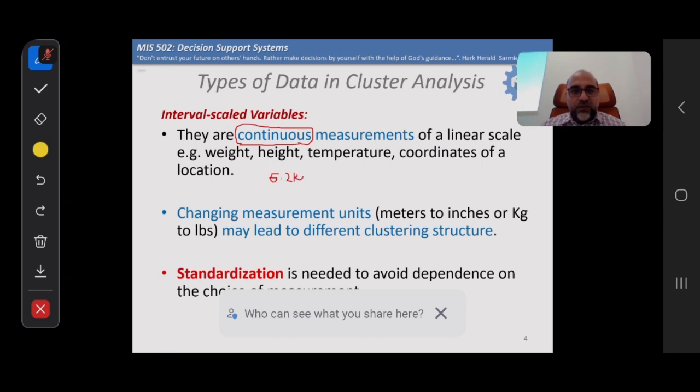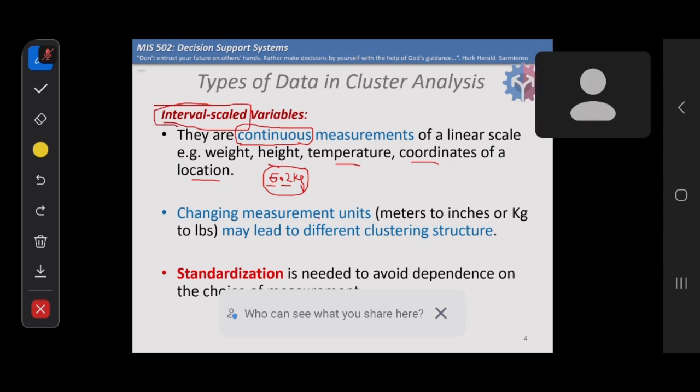So these are real numbers, which means that it can have an integer plus a fraction portion. So height, temperature, coordinates, location, all of these can be represented by what is called a continuous measure. These are all continuous measurements, and these are called interval scaled variables. So far, so good. You're all following me?